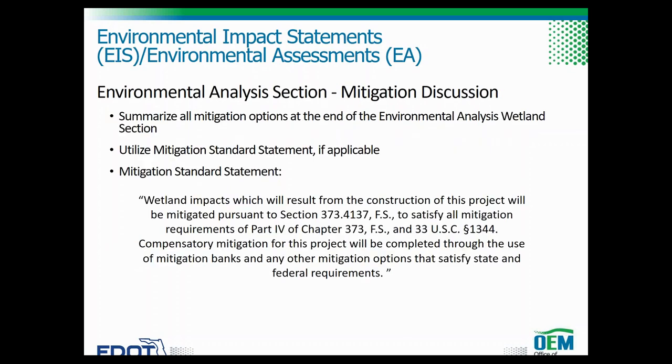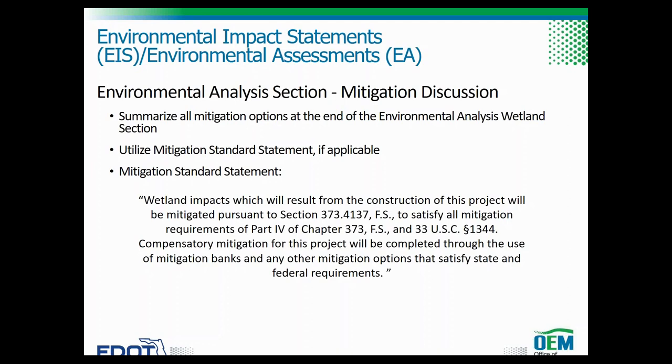For EA or EIS projects, a standard statement is used to provide information on the mitigation for the purposes of public information. The standard statement is included in the environmental analysis section. EA and EIS projects include information on the conceptual mitigation plans and add the following standard statement.